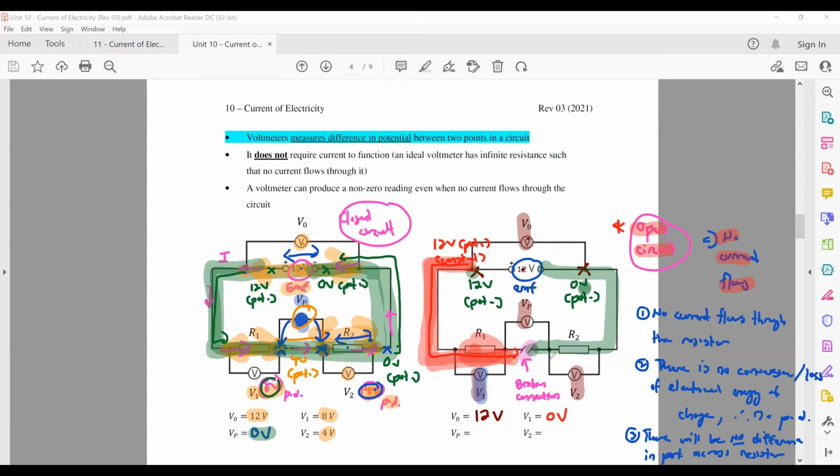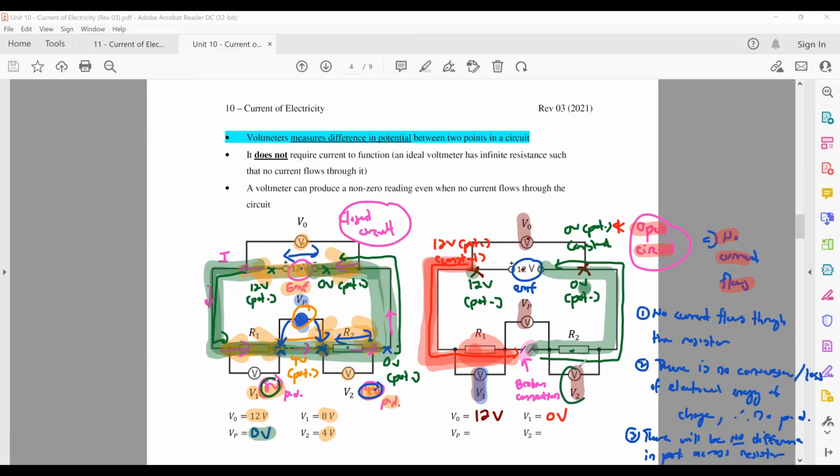Up to here, 0 volt potential is constant. Same reasoning, because you see no current flow, no charge flow, there is no change or loss of electrical energy whatsoever here. So you do not have any PD. PD here would be non-existent. Okay. So no PD, no change in potential.